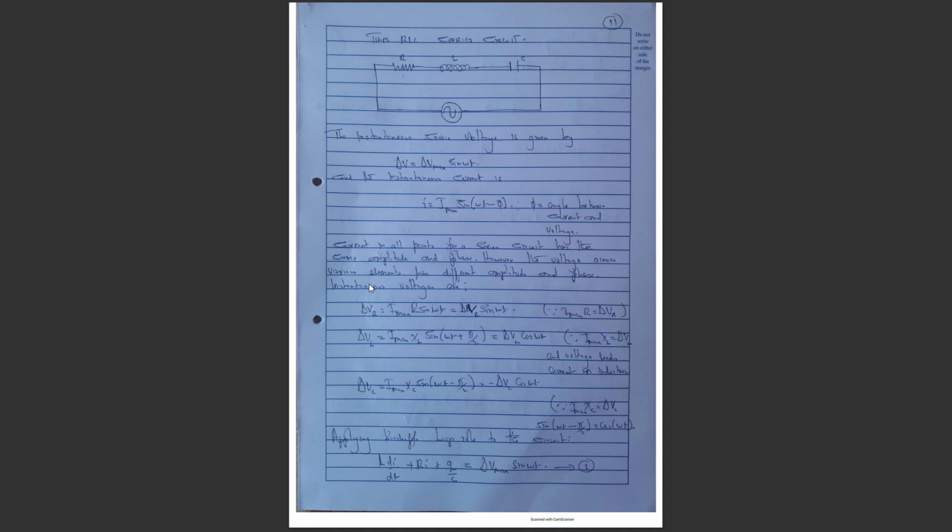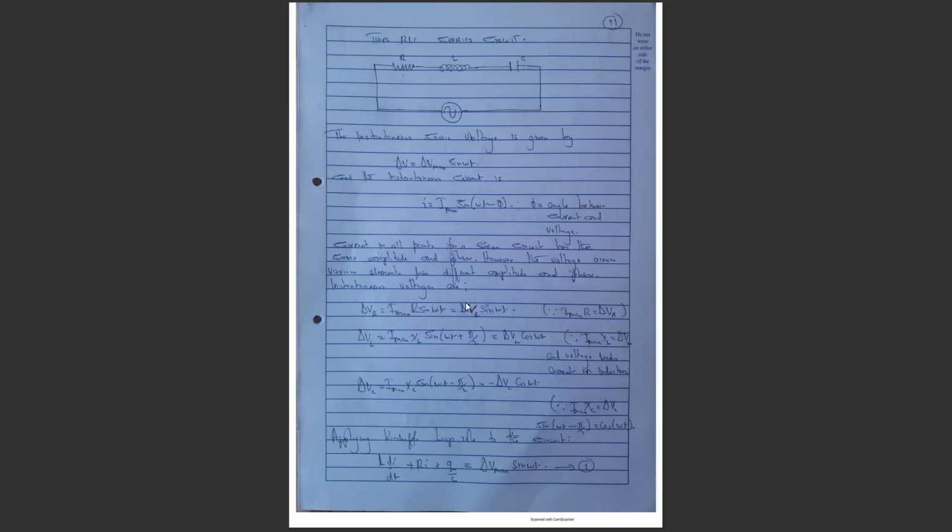Now we're also going to see the voltage across the resistance. The instantaneous voltage across the circuit passing through the resistance is given by I max R sine omega t, where I max is the maximum current, R is the resistance, and sine omega t shows us it is at a maximum potential.